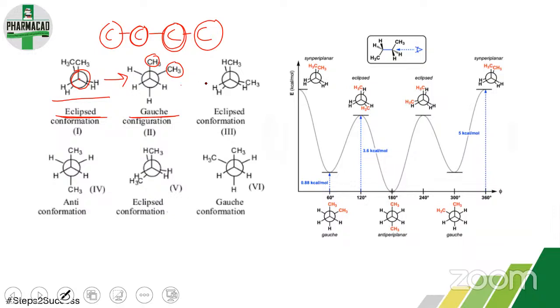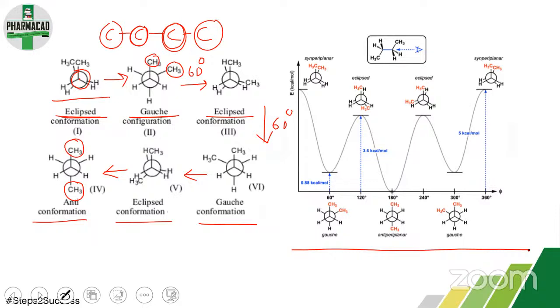After rotating by 60 degrees, we get this eclipsed conformation. After another 60 degree rotation, we get this partially staggered conformation. After another 60 degrees, we get the partial eclipse. And after another 60 degrees, we get the staggered one. This is fully staggered because the 2 bulky groups are on opposite sides. This is the energy profile diagram.